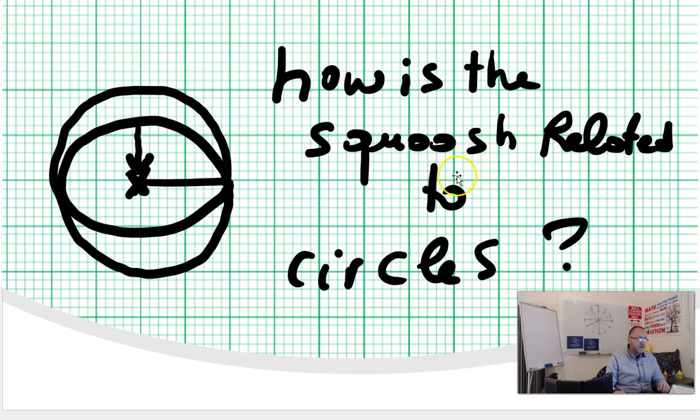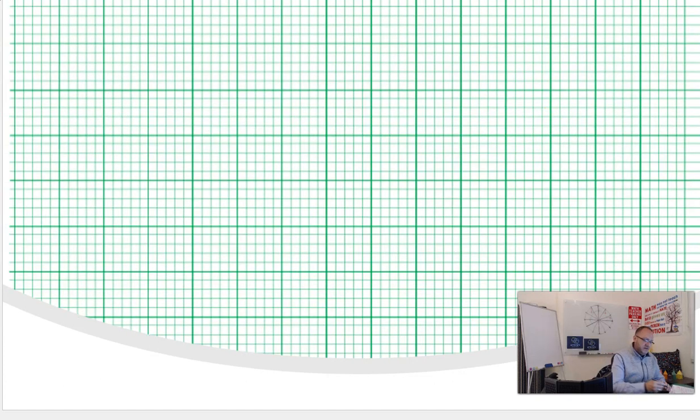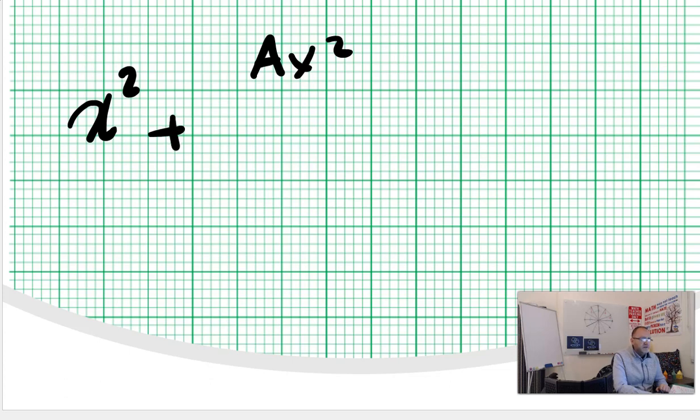how is that squish related to circles? Now, if you have an auxiliary circle, what is any circle at an origin O, 0, 0? What's the equation of the circle? X squared plus, after you expand this, Y squared equals, instead of r squared, let's call it a squared.